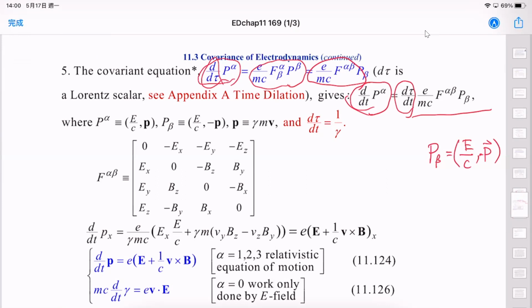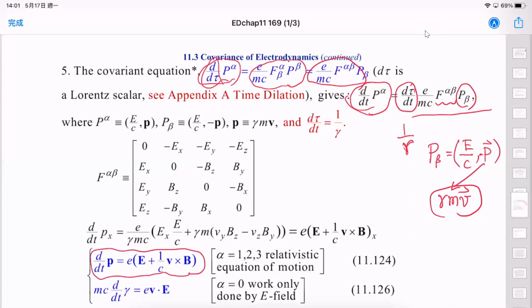And here, the tau over dt, F alpha beta, here, that will be related to here, gamma mv. So if we define a gamma here, in this case, 1 over gamma mc.